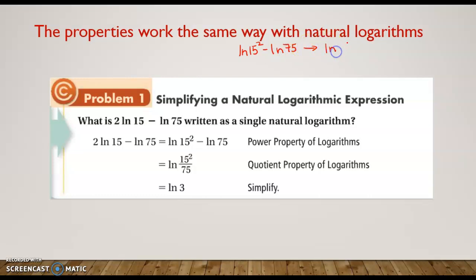And that's going to give you ln 15 squared over 75. So you'd end up with 225 over 75. And actually 225 divided by 75 is just a 3. So that's where they get that. But it behaves exactly the same way as the common logs.